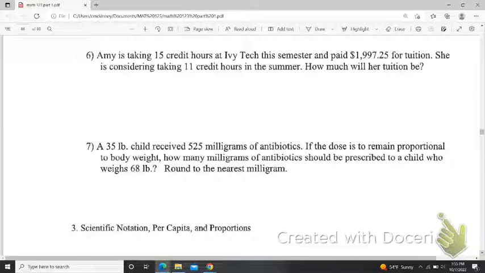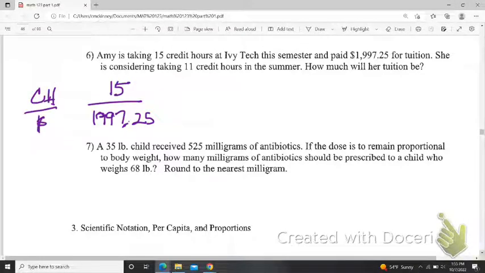So these next couple problems I'm not going to work out, I'm just going to set them up, but I think they give us a great idea of the variety of applications that we might see using proportions. So if her tuition is just per credit hour, then for 15 credit hours, and again, you could set this up the other way.